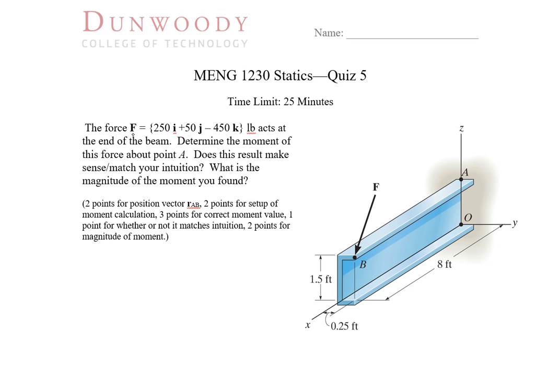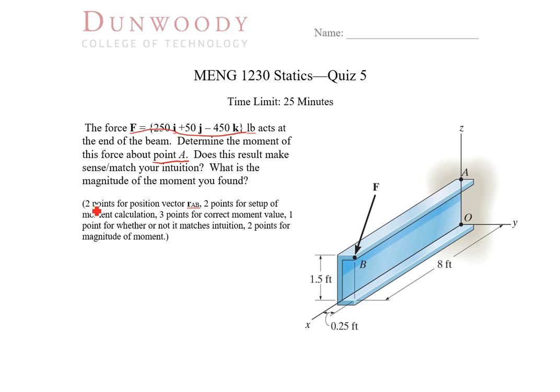We're given what that force is, and we're asked to find the moment of this force about point A. Point A is back here on the z-axis, on a plane parallel to the xy plane as point B. I also ask, does that result match our intuition, and then what's the magnitude of that moment?